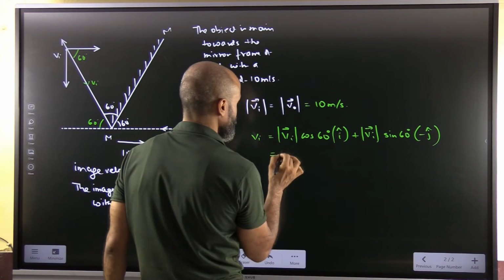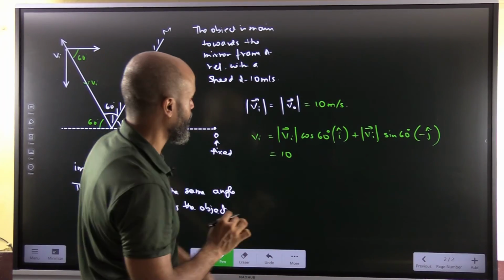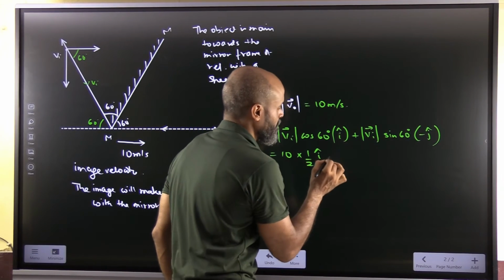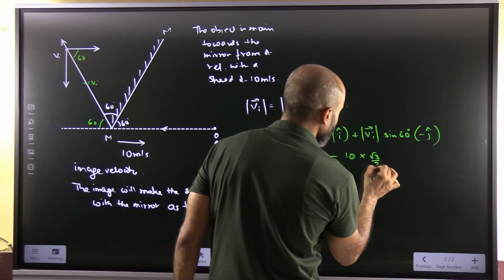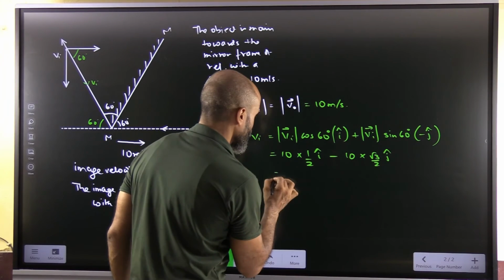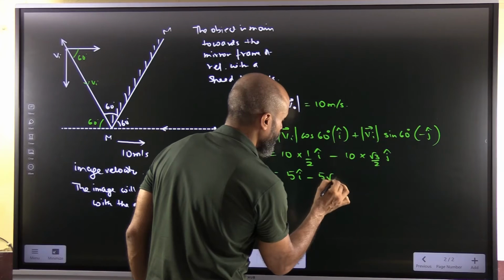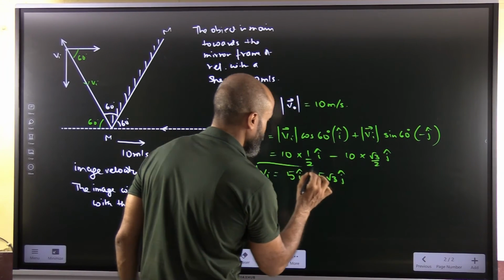So this will be how much? Vi we know is 10, and cos 60 we know is 1 by 2, i cap minus 10 into under root 3 by 2 j cap. So that's going to be 5 i cap minus 5 under root 3 j cap. This is going to be the velocity of the image.